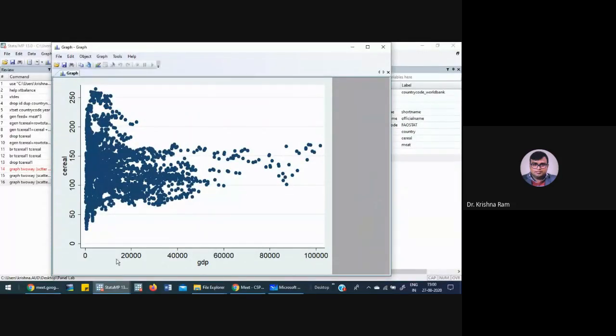Those countries having a substantially low level of income consume a very high quantity of cereals as direct food consumption, or you can say consuming a high amount of direct cereals, and as the income rises, there is a decline in cereal consumption.